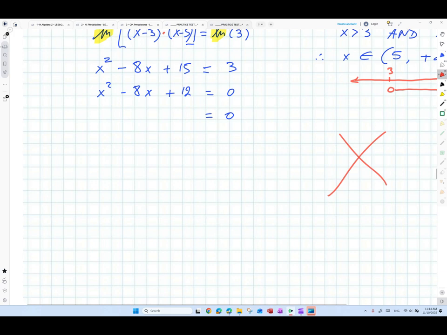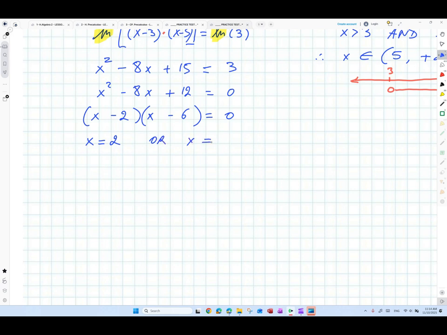You can use the diamond method that I taught you. I don't need to see it. When it's that simple, I'm completely okay with you giving me directly the result. And the two numbers I'm looking for are those two, which is that x equals 2 or x equals 6.